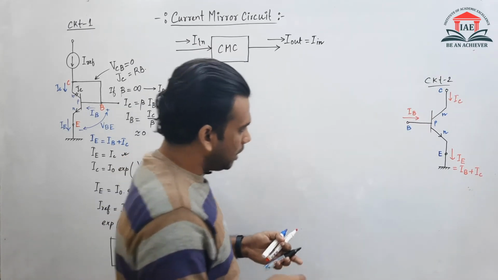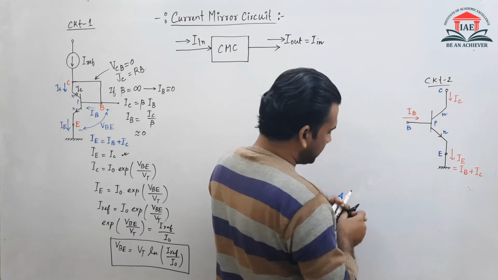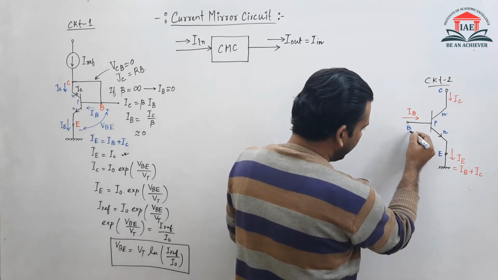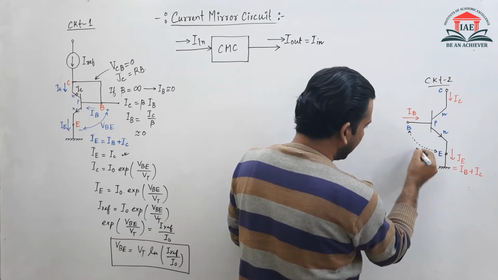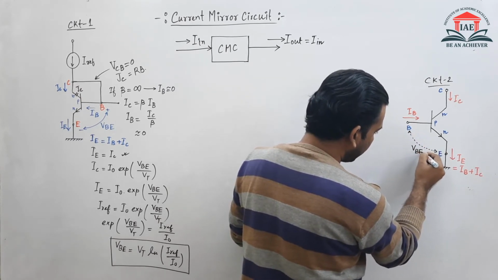Another thing, since it is an NPN transistor, the voltage drop across base to emitter can be written as VBE.